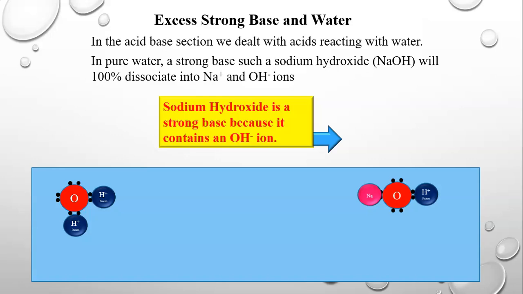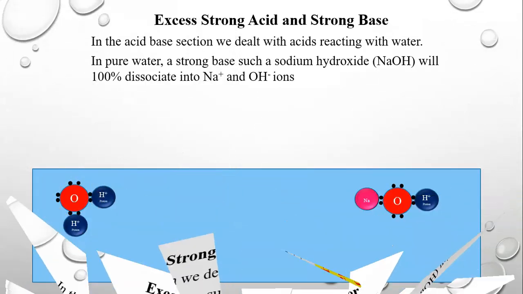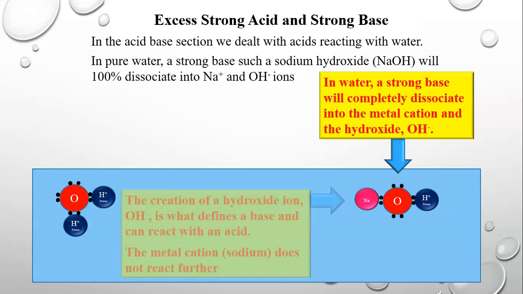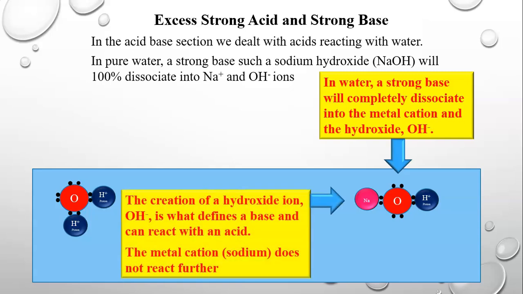So we put it into the water. And in water, a strong base will completely dissociate into the metal cation and the hydroxide ion. The creation of a hydroxide ion, OH-, is what defines a base and can react with an acid later on. The metal cation, in this case the sodium, does not react any further.